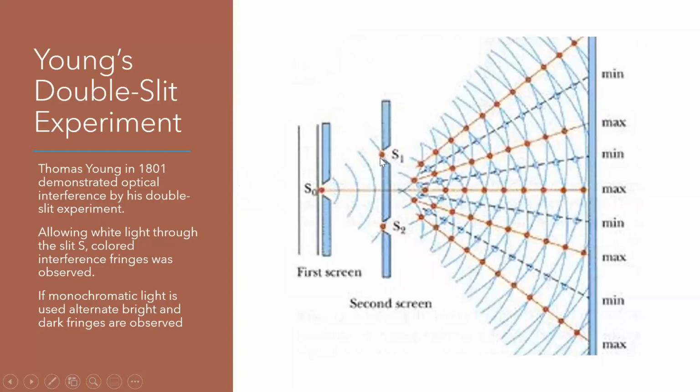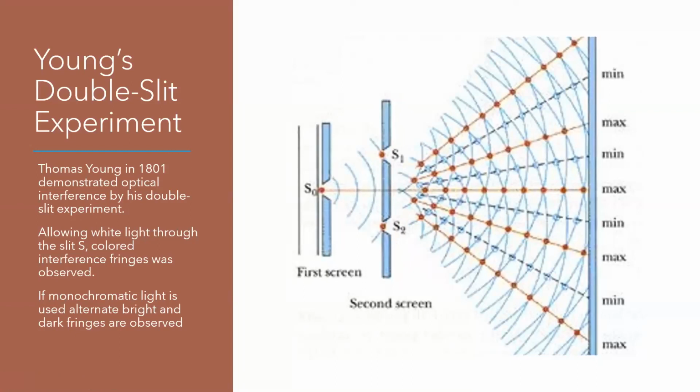So these two, S1 and S2, are two slits on the second screen. These two slits act as sources of two coherent waves. So S1 and S2 act as two coherent sources.